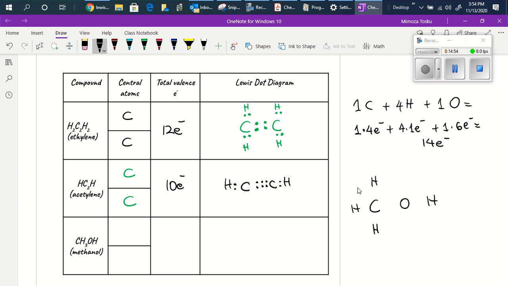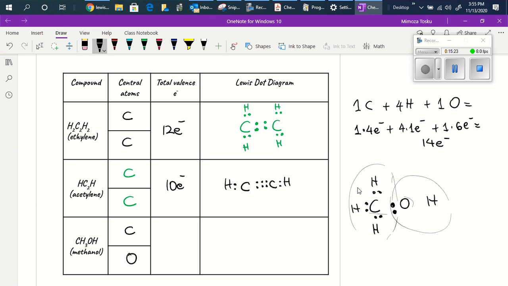Even when you see this, you notice that we have 2 central atoms. The central atoms here will be carbon and oxygen, one for this part here and one for this area here. Let's start completing the central atoms, first with the 2 electrons that are connected between each other, and then with 8 electrons each of them.